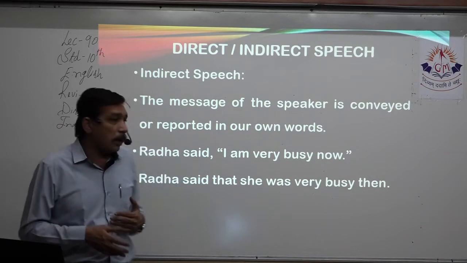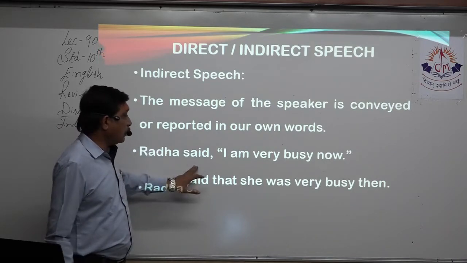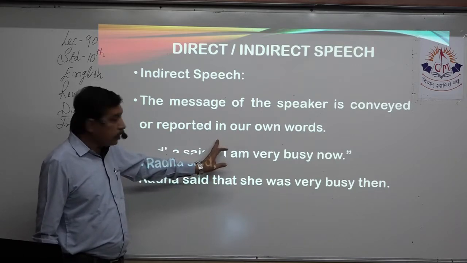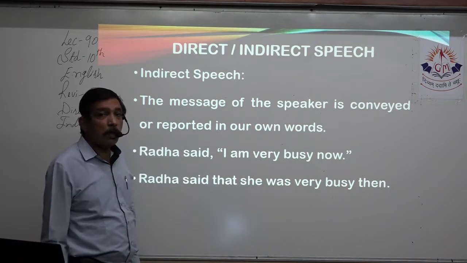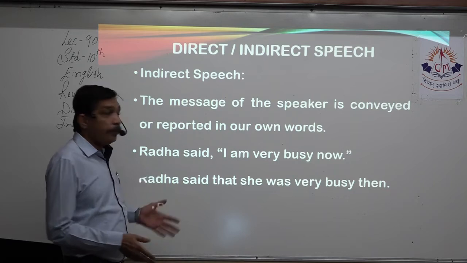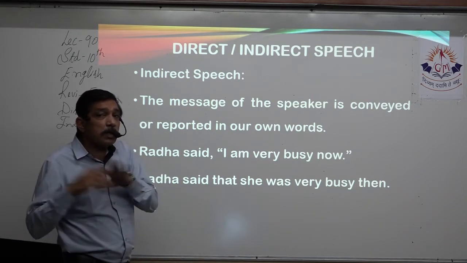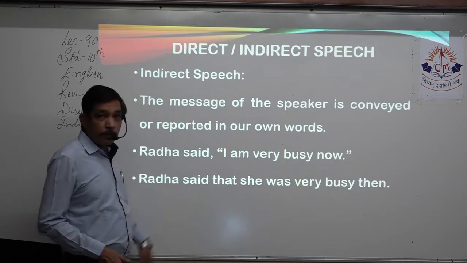Now, what were the original words said by the speaker? Radha said, comma, double inverted quote open, I am very busy now, full stop, double inverted quote close. Now that is direct speech. What is indirect speech? I am conveying the message to somebody else. So Radha said.